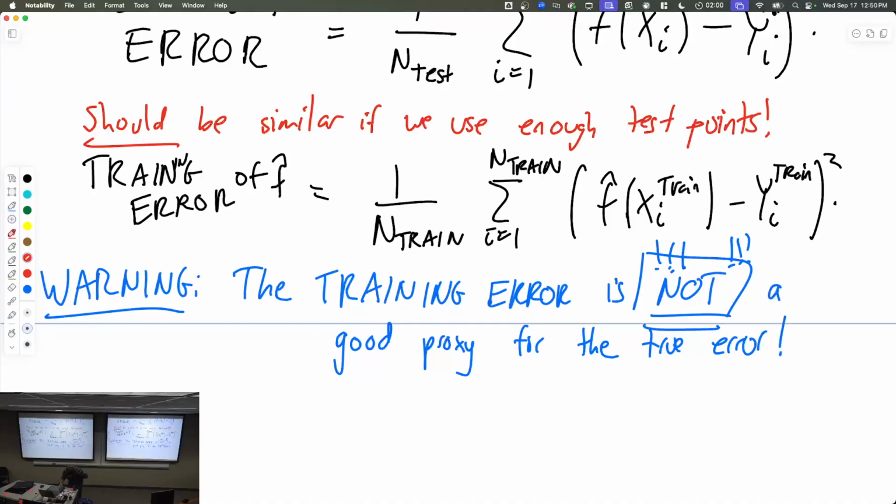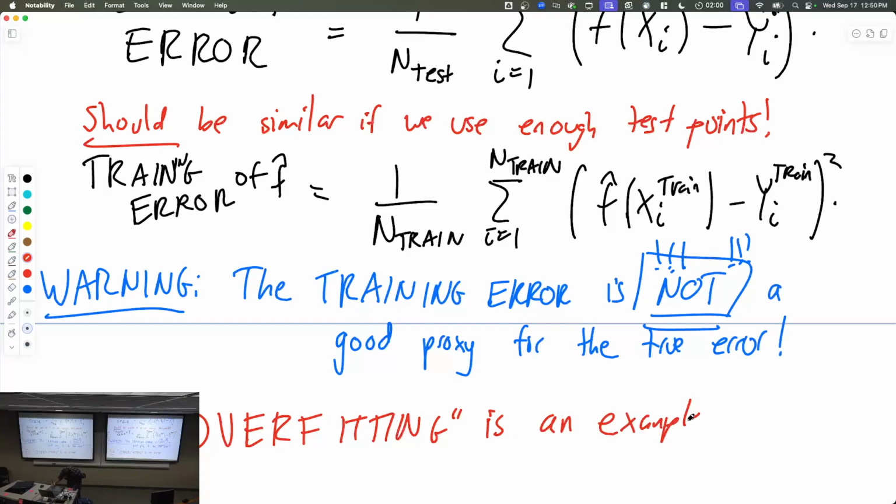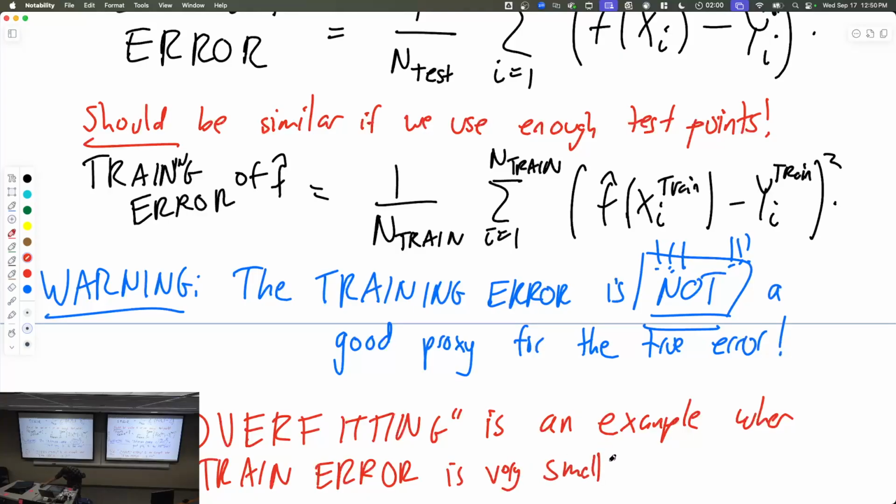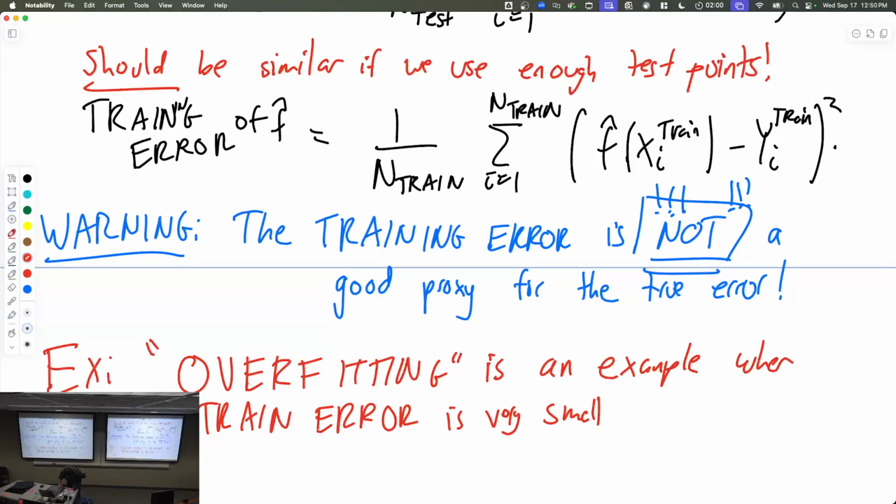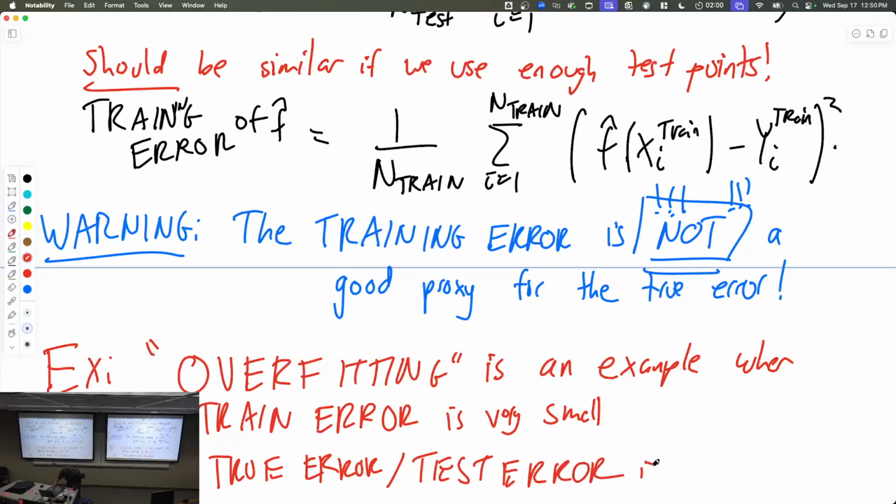So example, overfitting is an example where train error is very small, so very close to 0, but true error slash test error is large.